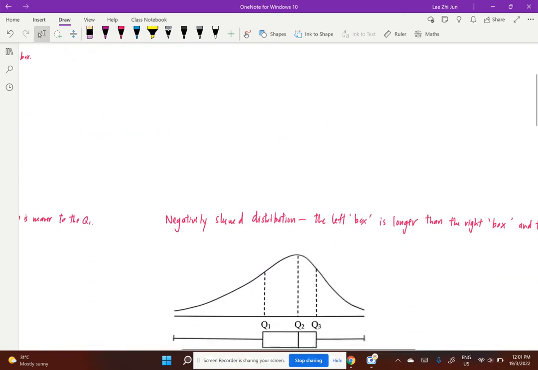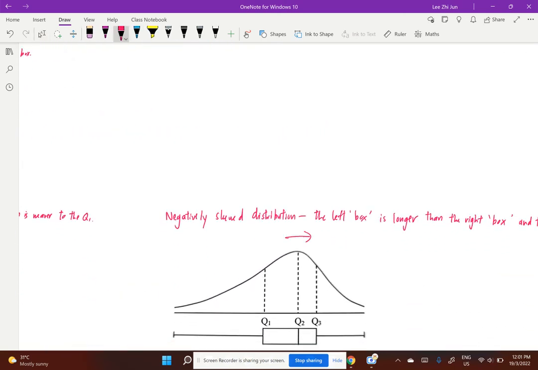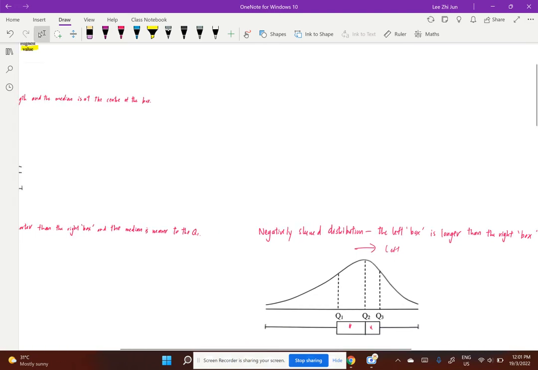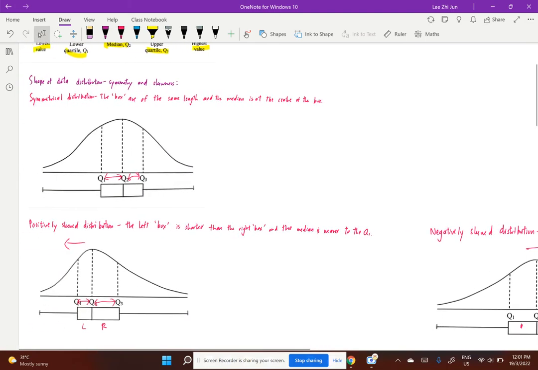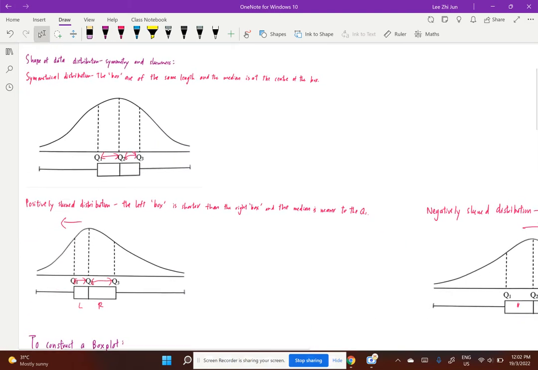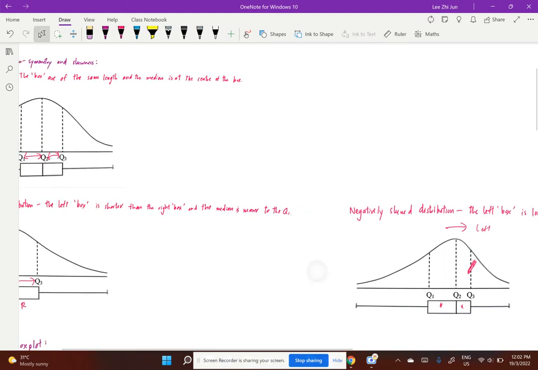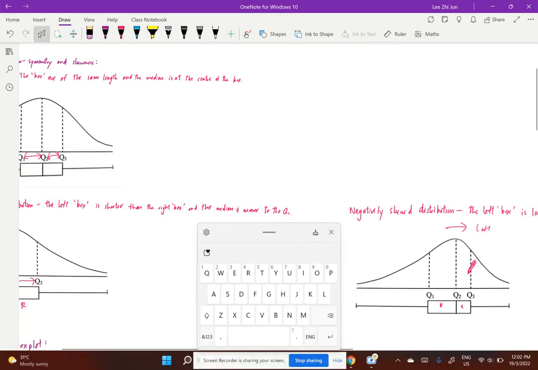And in the other case, negatively skewed, which is skewed to the left, so this box will be longer than this box. For this, the median is nearer to Q1, and this is nearer to Q3.